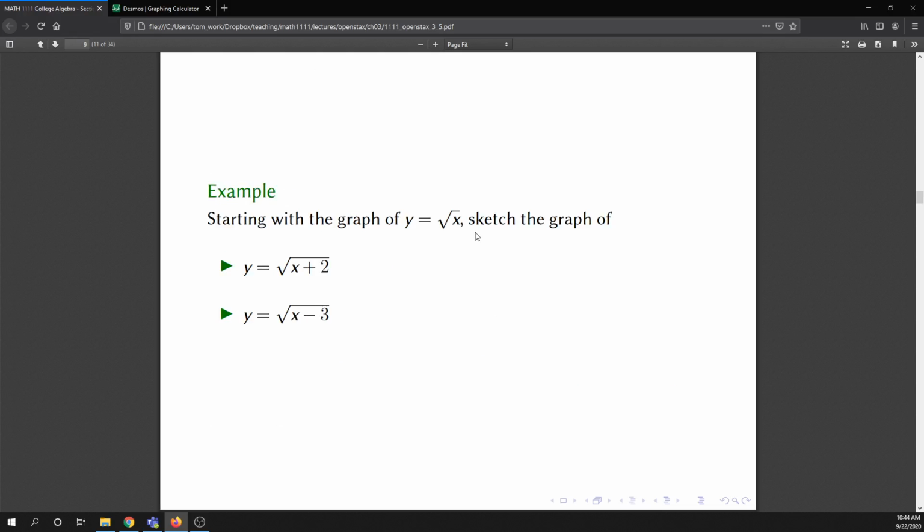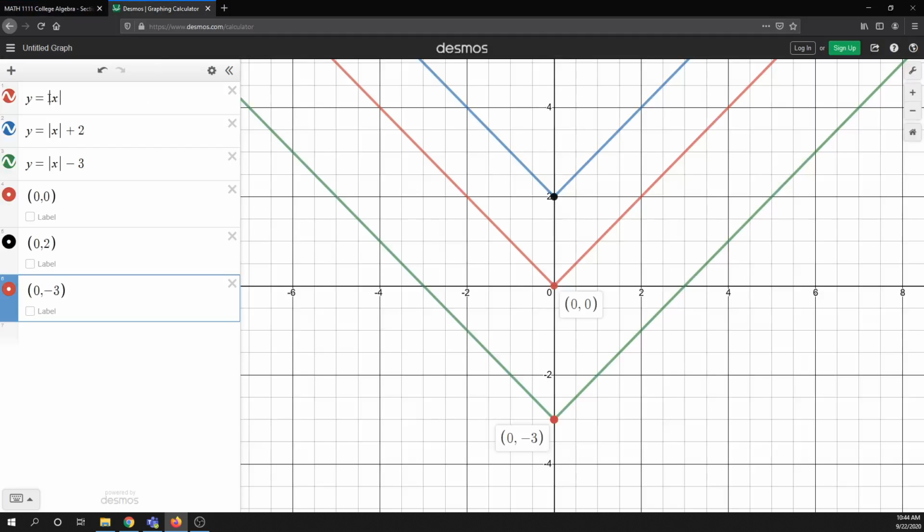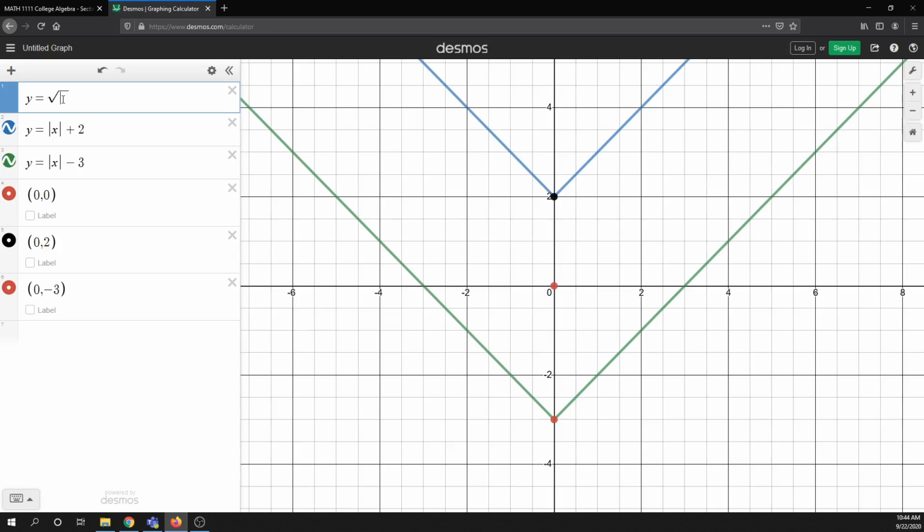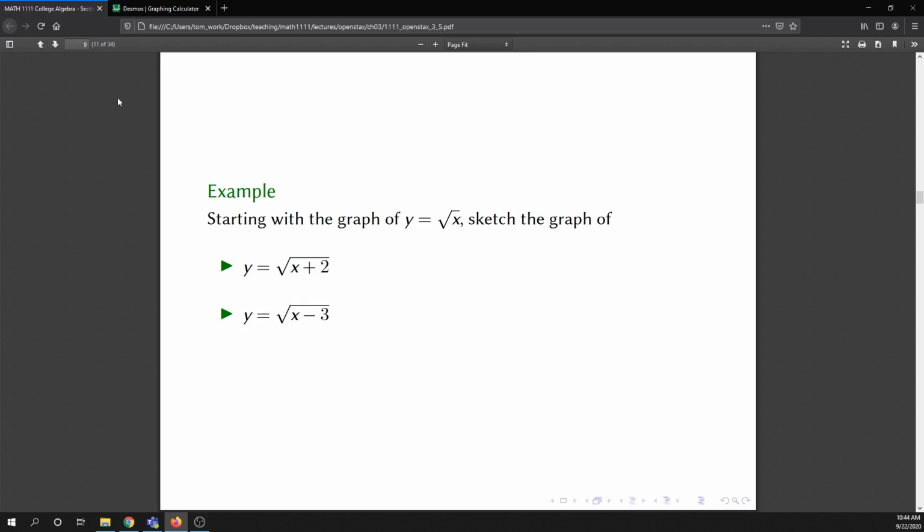So let's take a look at an example here. First off, we want to start with the graph of y equals square root of x. Looks like that. And then what we want to do is graph y equals square root of x plus 2. So we can see the transformation that has been applied of those 6 that we talked about. What we're doing here is replacing x by x minus a number.